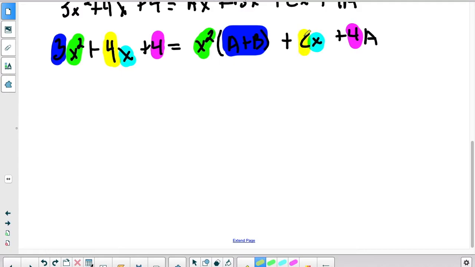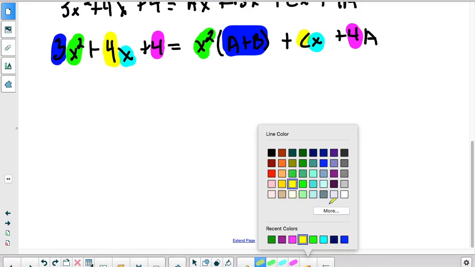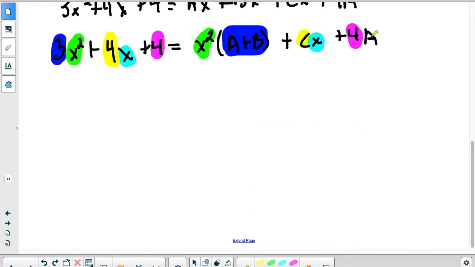This here and this here are going to match up. And last but not least, our 4 is going to match up with this here, because they're going to go together.